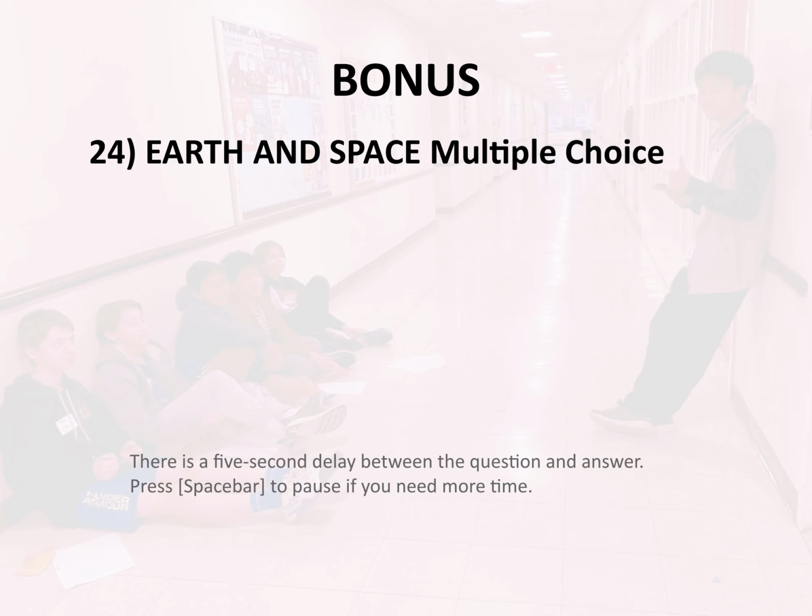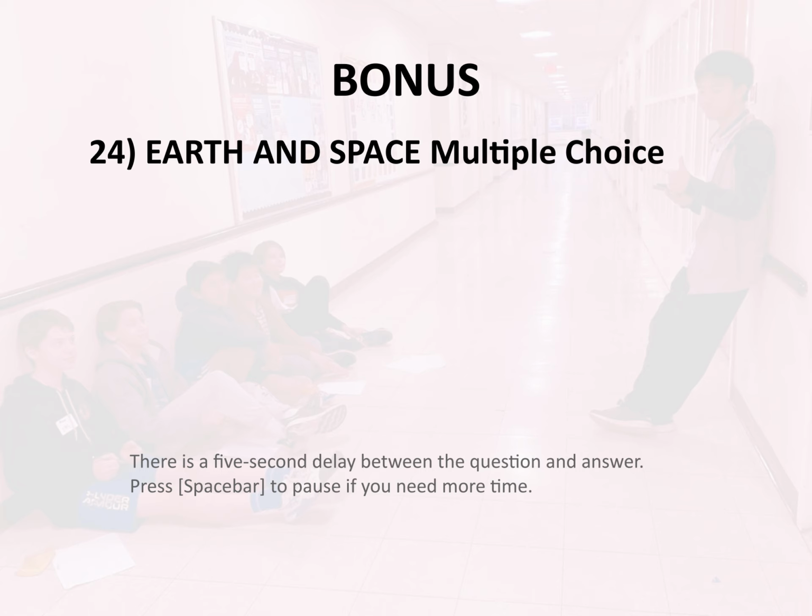Bonus, 24. Earth and space. Multiple choice. Which of the following statements is not true regarding NOAA and NASA's prediction for the next solar cycle? W. The peak is expected in May 2013. X. The peak will have a higher than average number of sunspots.